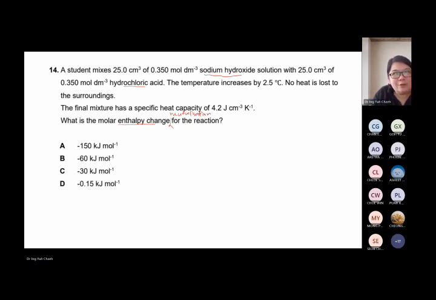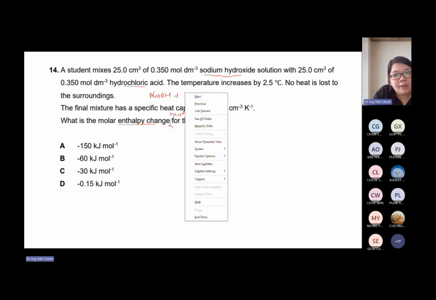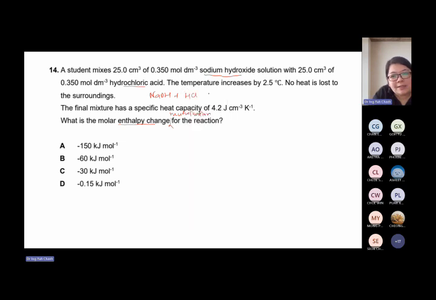Now, I know they haven't asked anything yet, but the first thing I always do is write down the equation so that I know the mole ratio. Of course, in this case, they give me sodium hydroxide and HCl, which is a 1:1 mole ratio. This is very straightforward, but they could give you other acid.